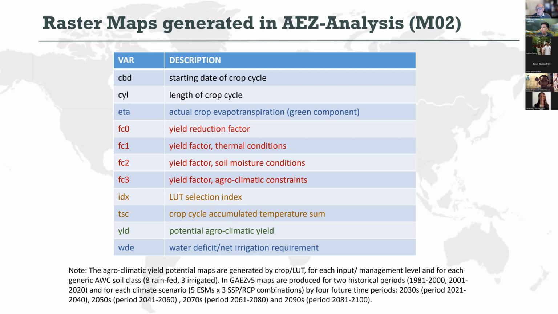Historically, in AEZ version 5, we have two 20-year periods, 1981 to 2000 and 2001 to 2020. And we have four future 20-year periods from 2021 to 2040, etc. The last one, 2081 to 2100.